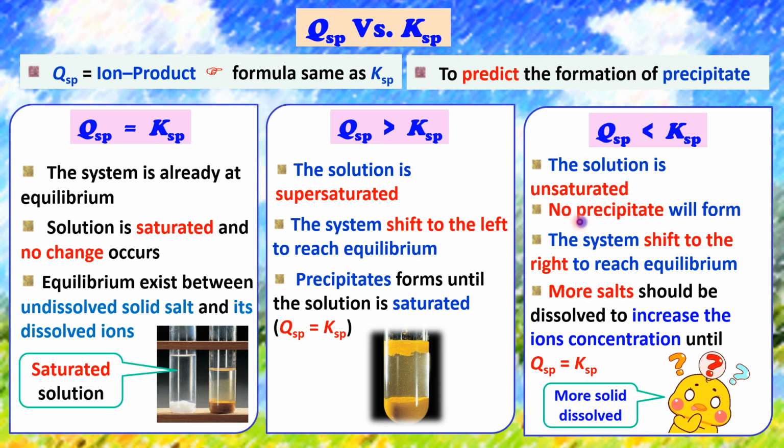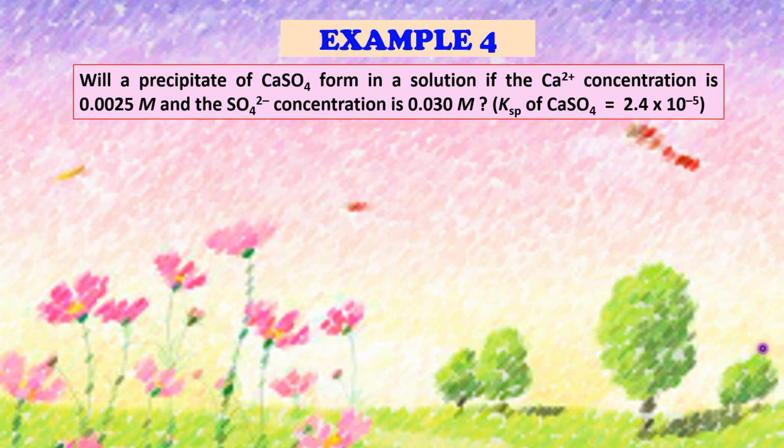So, no precipitate will form. So, the system will shift to the right, towards the undissolved solid salt, to reach equilibrium. So, more salt should dissolve to increase the ion concentration until QSP is equal to KSP. Okay, more solid dissolves.